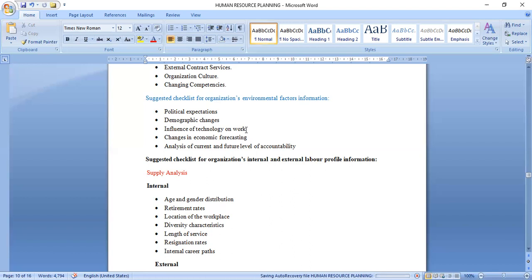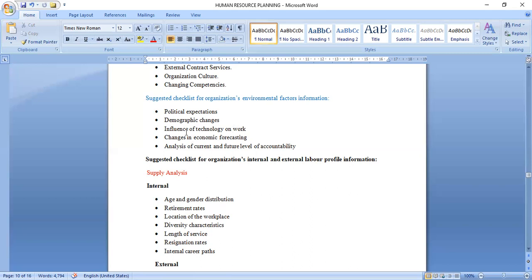So you better begin planning for getting other workers that will be able to succeed them. We shall see later on that there is what we call succession planning. You should be planning ahead. If they retire, who will succeed them? Who will fill their positions? So that has to do with the demographic changes.